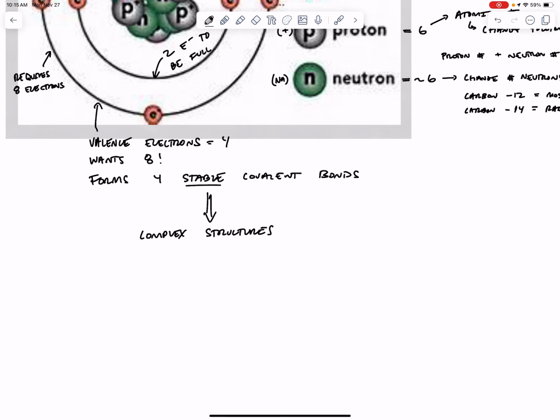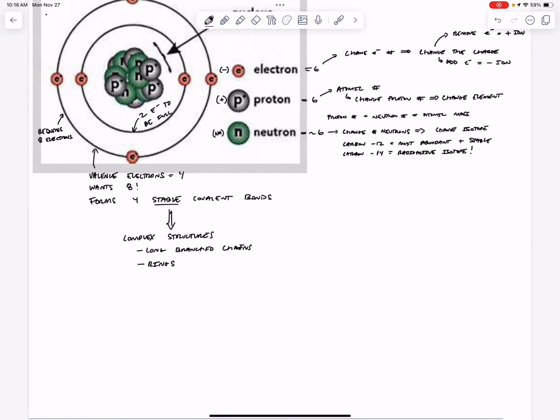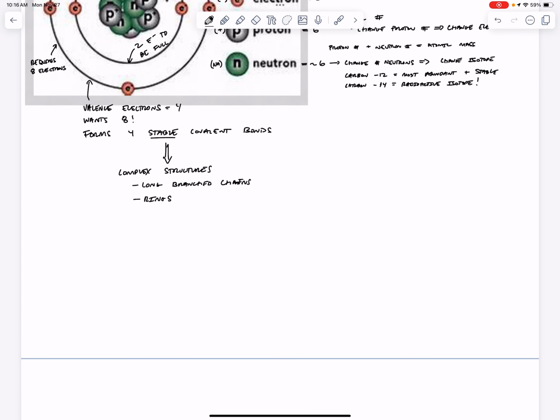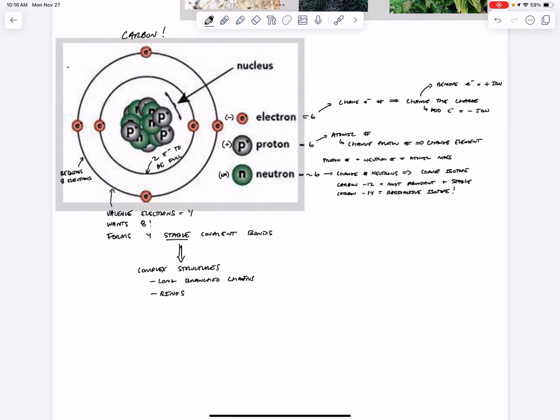So, for example, it can form long branched chains or rings. And that makes it a really fantastic element to build stuff with.